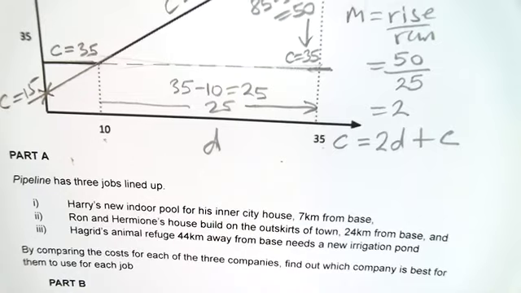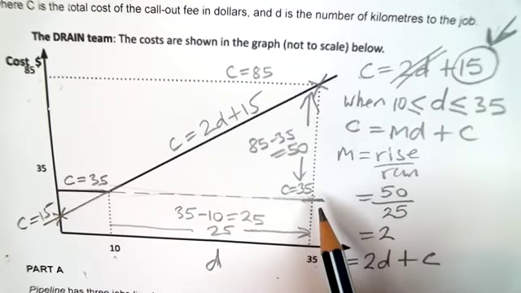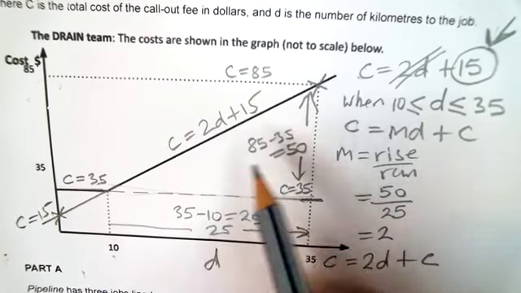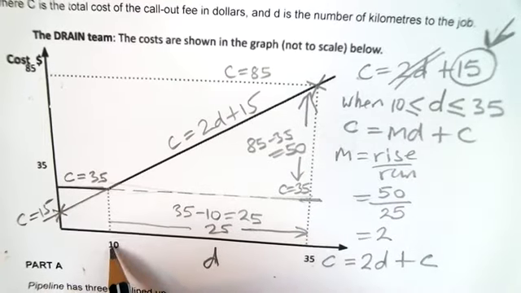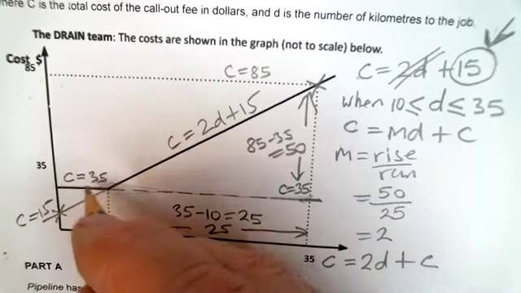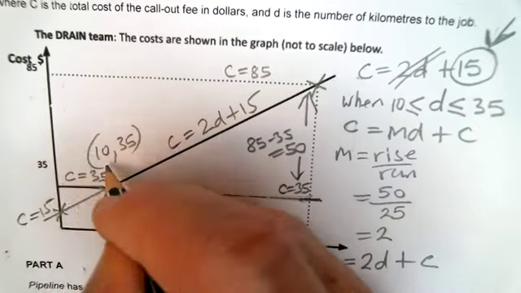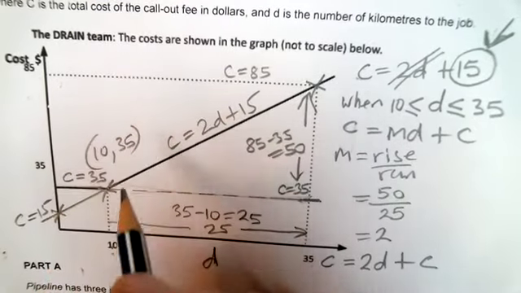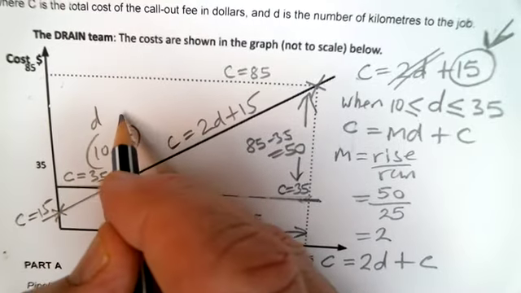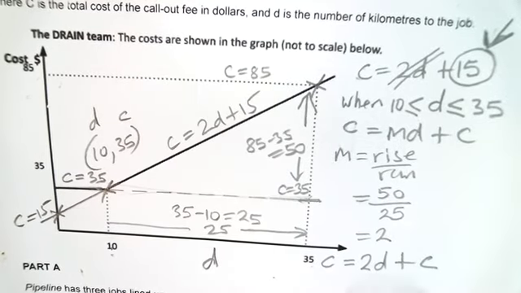Now let's find some C and D values. Well, here we've got heaps of these. Anywhere along this line we could use. So here's this 10, 35. This point here is 10, 35. So this is my D value, and it's my C value. So let's put those in.